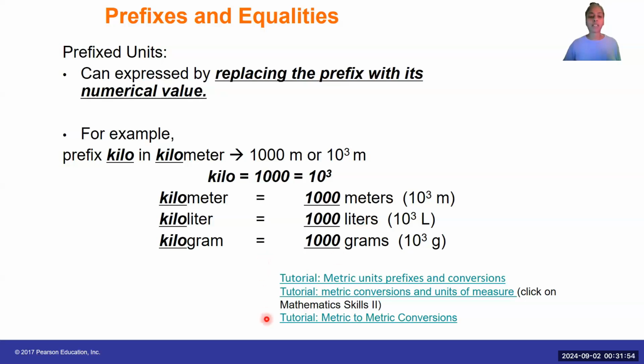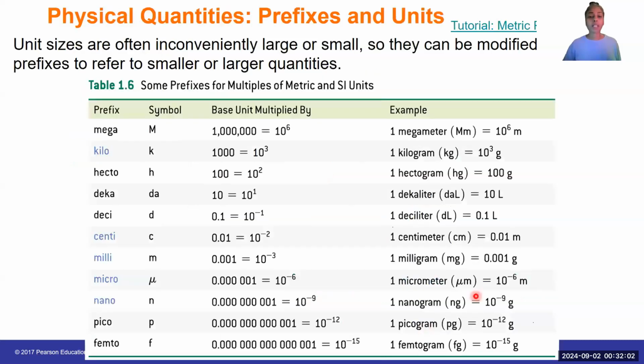Again, these links are clickable on your copy of this presentation in Top Hat. So let's take a closer look at these symbols. Please commit these symbols to your memory. You will need to know the conversions or the definitions of these symbols that are highlighted in blue, because we will use them very often throughout the semester.